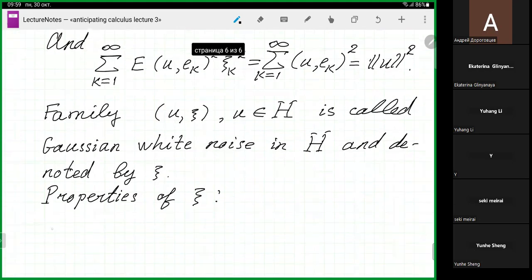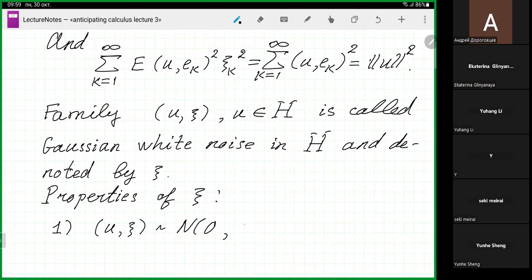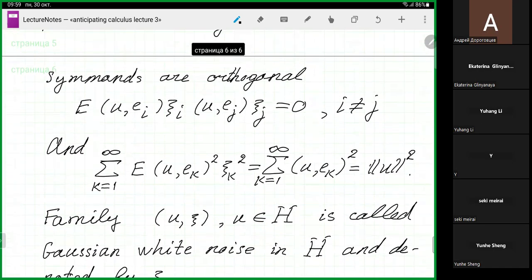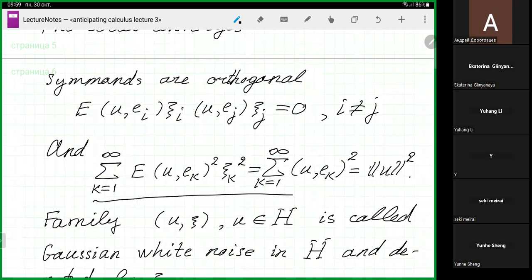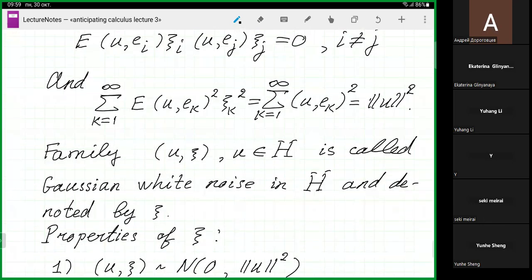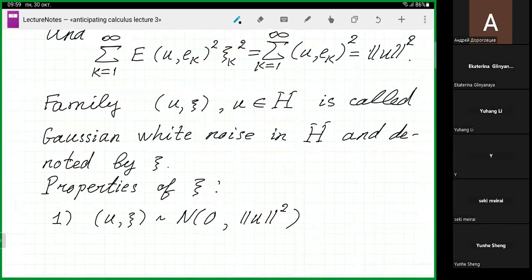The first one: this random variable has a normal distribution with zero mean and norm of u square as variance. Why? Let me go back. Here you see the second moment. It is exactly equal to the norm of u square. And of course, the first moment is equal to 0 because every summand has such a property.